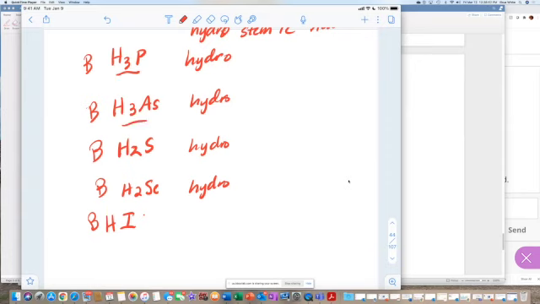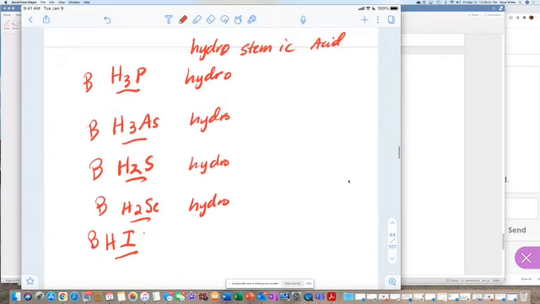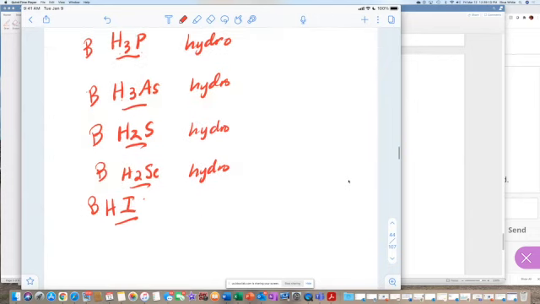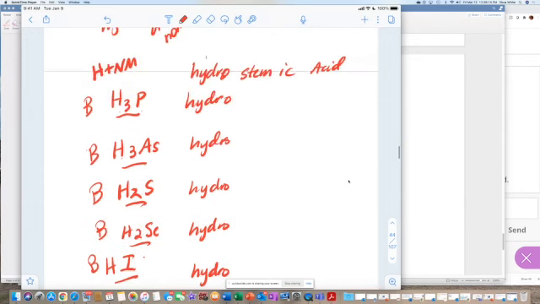Why? All these acids start with H, and then you have another element. They're all H and another nonmetal. So the format for binary acid is hydrogen and a nonmetal. And then hydro, right? They're all starting with hydro.